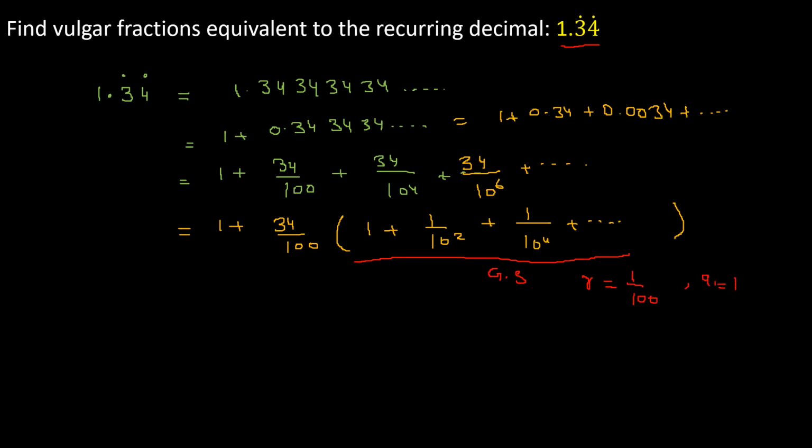So this is an infinite series and |r| is less than 1, so we can use that formula, which says that it will be equal to a1 over 1 minus r.